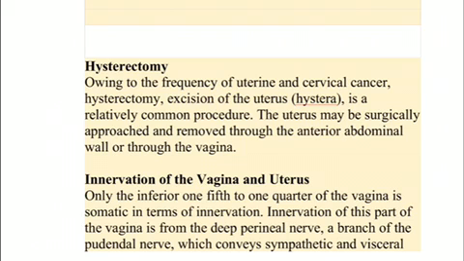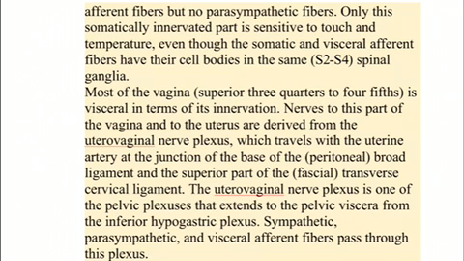And this deep perineal nerve conveys sympathetic and visceral efferent fibers. It does not have parasympathetic fibers. So only this somatically innervated part of the vagina, that's the inferior 1/5 to 1/4, is sensitive to touch and temperature, even though the somatic and visceral efferent fibers have their cell bodies in the same spinal ganglia.